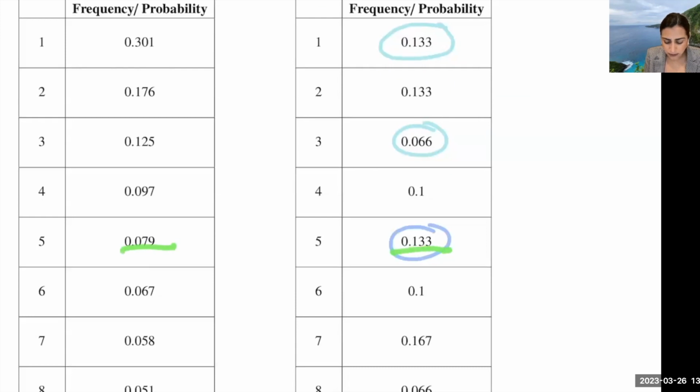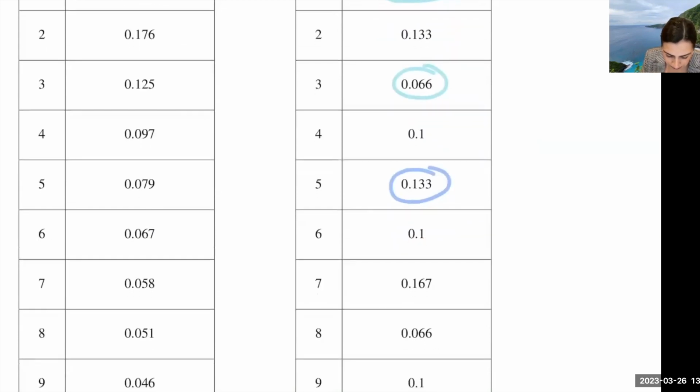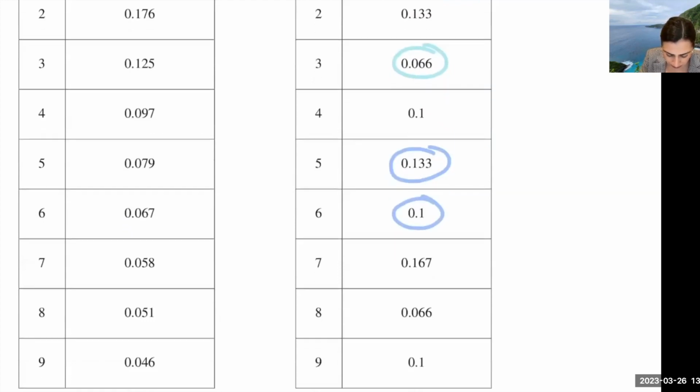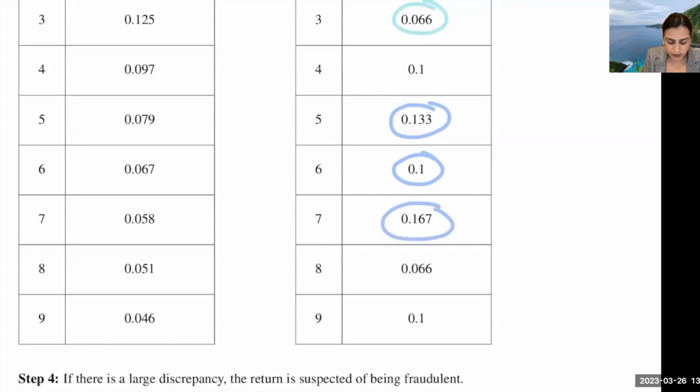This one is almost double, 7.9% and then 13.3%. It's not exactly double, but almost double. So let's claim that as a little suspicious. And this one here is a little suspicious too.